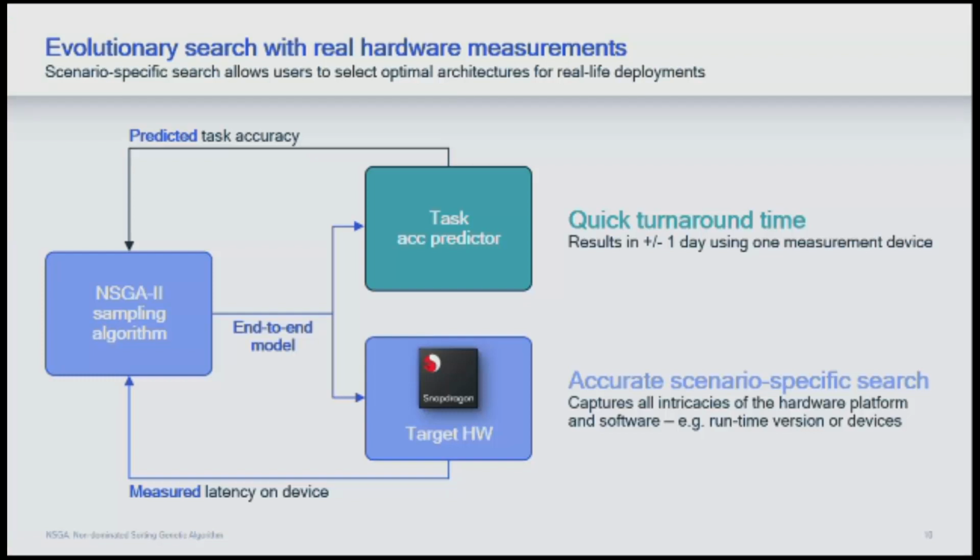For example, here we plug in the Snapdragon hardware constraint using our own simulation, and the simulation is pretty close to the real hardware. Each time while doing the evolutionary search, we sample the predicted accuracy and also the architecture and its corresponding hardware measures, for example, its latency and memory constraint.